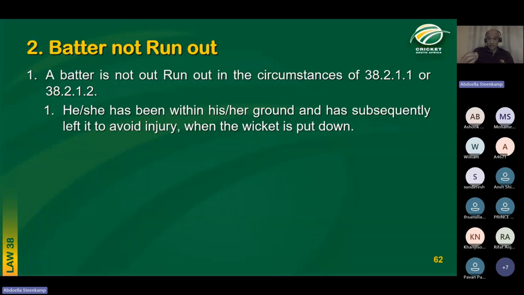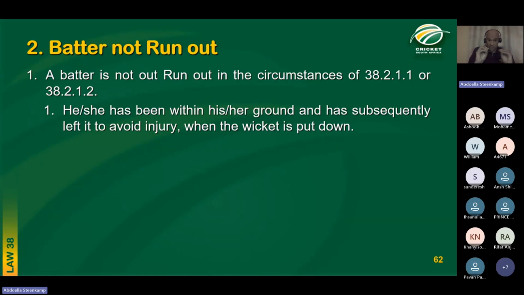But you need to look at each situation, and you need to be satisfied that there are two conditions. Firstly, the batter needs to have made good the ground. That's the first condition. And the second one is, yes, they made good the ground, and they only left it to avoid injury.